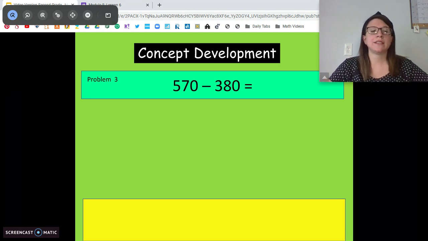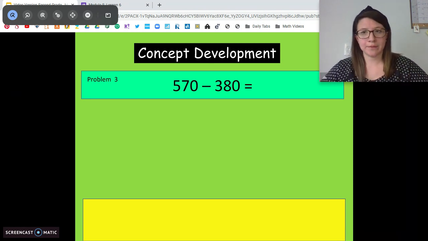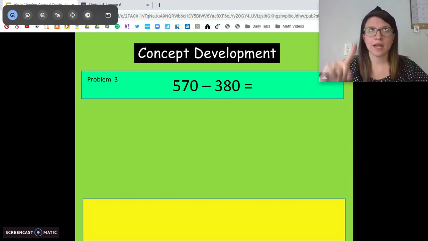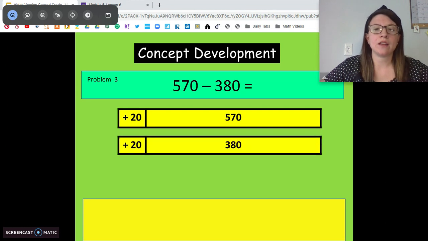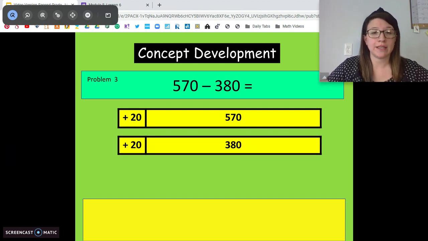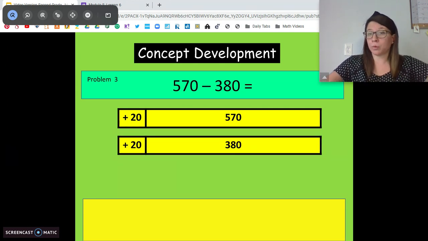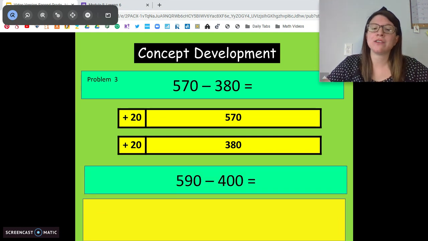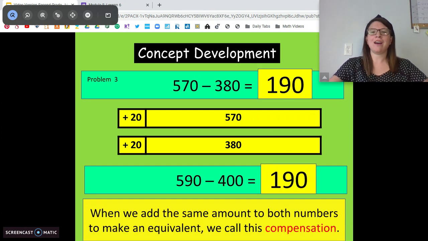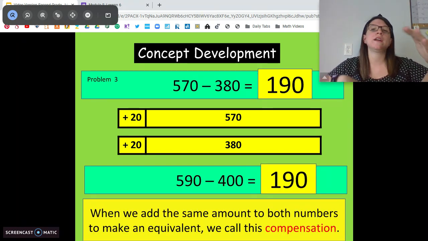So how many do we need to get from 380 to 400? 10, 20. Good. So we're going to add 20 to both 570 and 380. So what is our new number sentence? Yeah, 590 minus 400, which is going to give us 190. Awesome job.